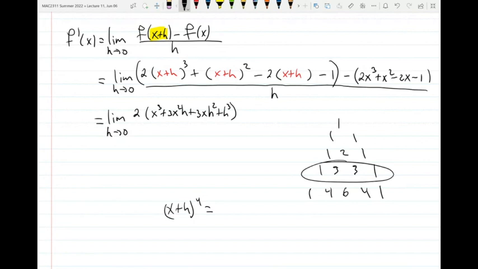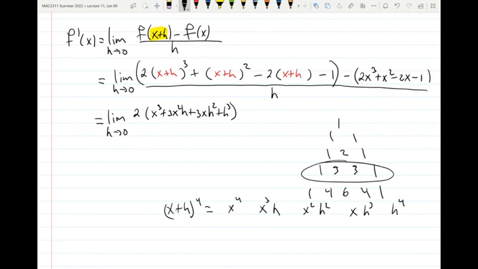The way you do it is, remember, there are going to be 5 terms, because there are 5 coefficients, and the sum of the degrees always has to be 4. You start with 4 on x, and then decrease 1 there and increase 1 for h. So the terms are x to the 4, x cubed h, x squared h squared, x h cubed, and h to the 4.